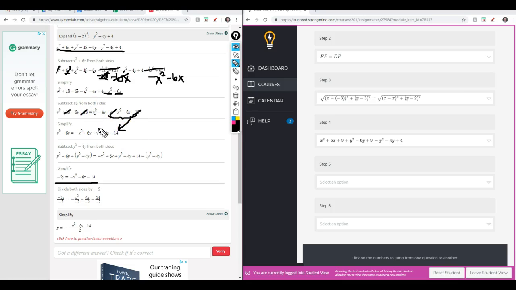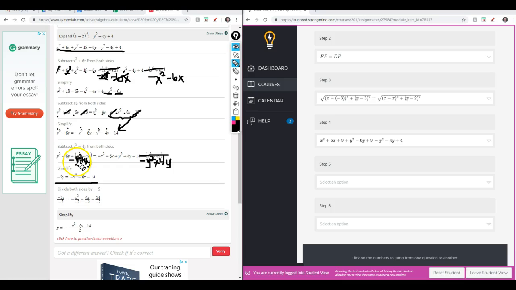And that y squared comes to here, that minus 4y comes to here, that minus 6x goes to there, and we have minus x squared right there. And then that y squared comes down here, and this minus 6y comes down there. And then it says to subtract y squared minus 4y from both sides, and this can be rewritten as just minus y squared plus 4y. And this would be minus y squared plus 4y right there. So that's another way to write it.